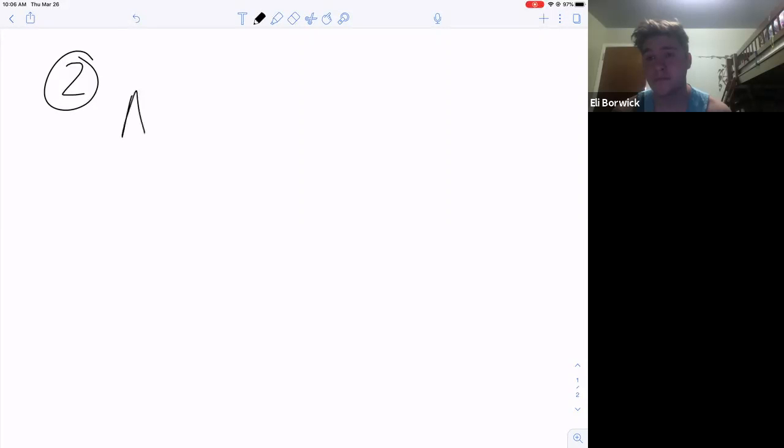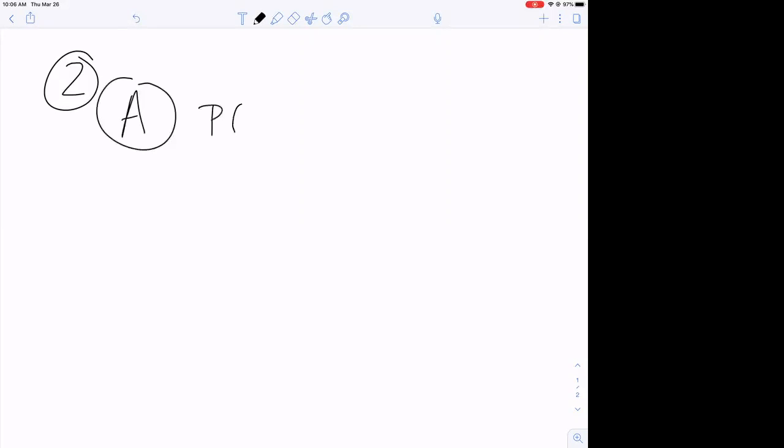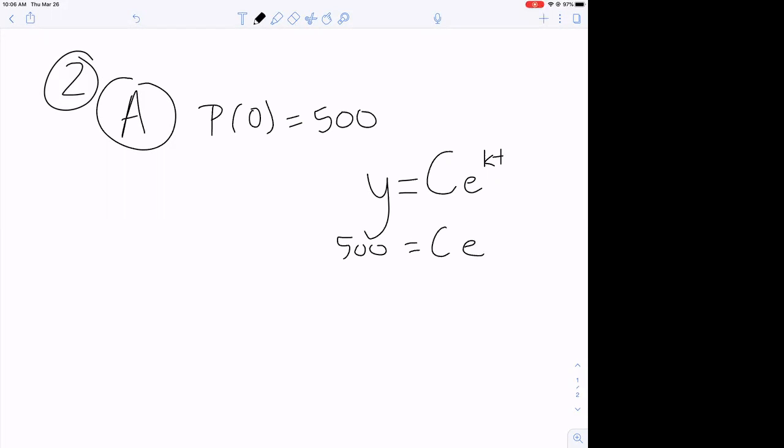So basically, for part A, they give you this, and really this whole section for yesterday was just focusing on PERT, right? Or essentially they write it like this. So all that they wanted you to do for part A was plug in the 500 for Y, plug in the 0 for T. Wait, that's part A.